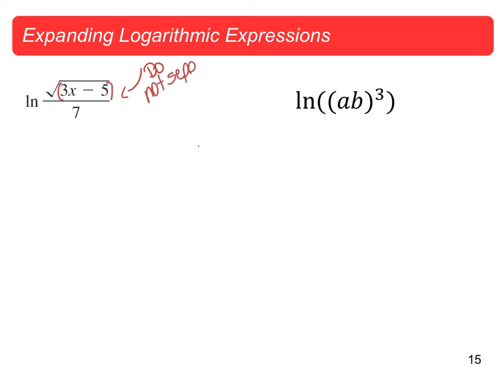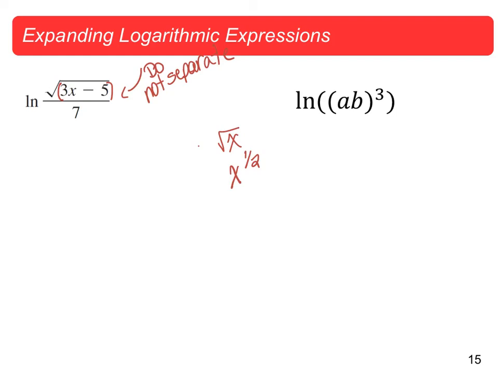Now, earlier we talked about what the square root of x meant. So what we have to do here is turn that square root of x into a rational exponent. So this becomes x to the 1/2. So the square root of x is x to the 1/2 power.